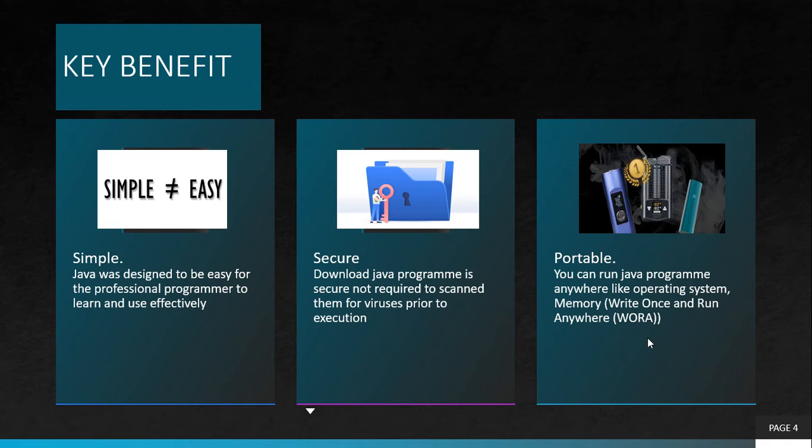You can get all the methods, variables, and everything on the Java website. So that's why it's simple to learn. If you know basic C or C++, then it's very easy to understand Java.